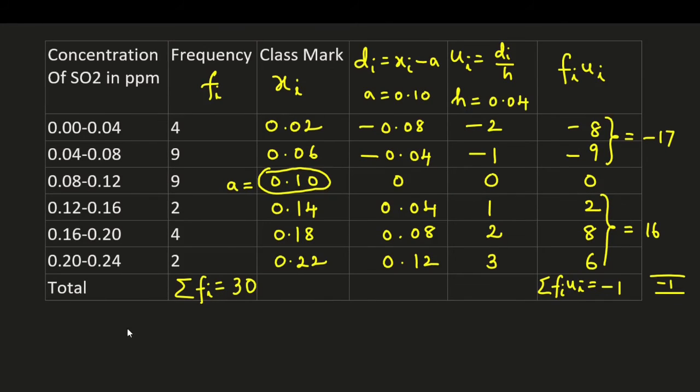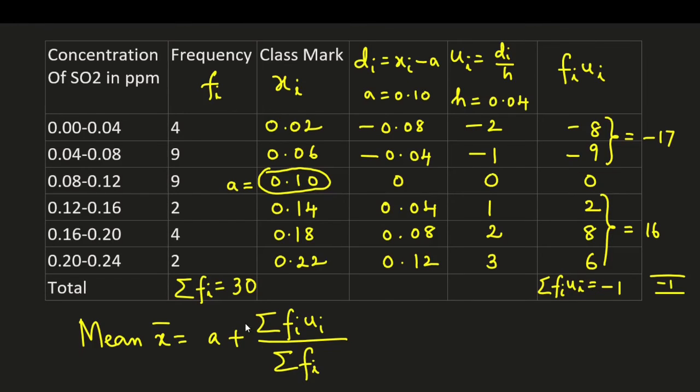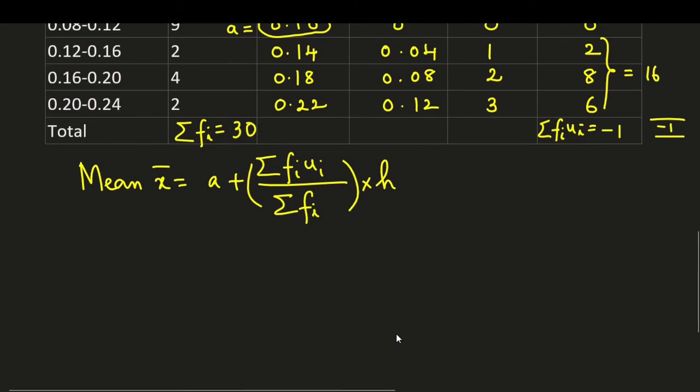Now we have to find the mean. Mean x bar is equal to a plus sigma Fi ui by sigma Fi into h. Now let us substitute the values.